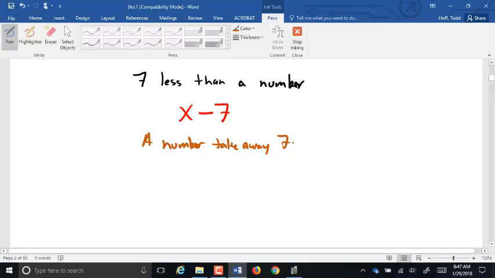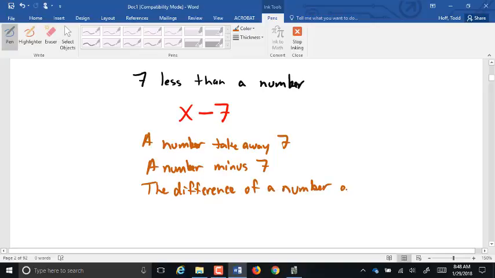Any others? A number minus 7. Ah, there's a big word, the difference of a number and 7.